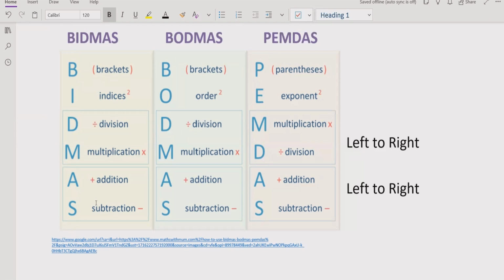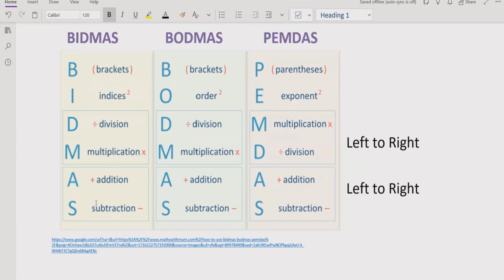After that, you have to go left to right in your expression and find the division and multiplication. Both have similar precedence, so don't worry about this. If you are using BODMAS or PEMDAS, you solve multiplication or division whichever comes first. If multiplication comes first, you solve the multiplication first. And if division comes first, you solve the division first.